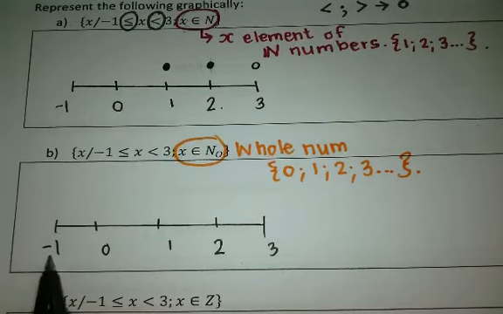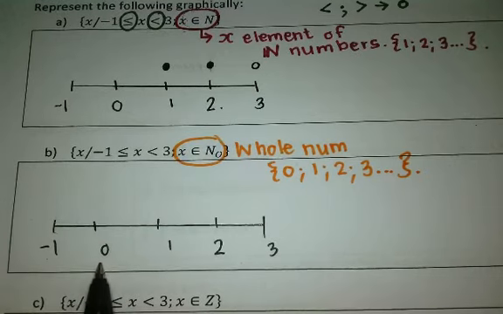Right. So now we think, whole numbers. Is -1 included in the whole numbers? So we're not going to start there. Is 0 a whole number? Yes. So that's where our number line is going to begin.